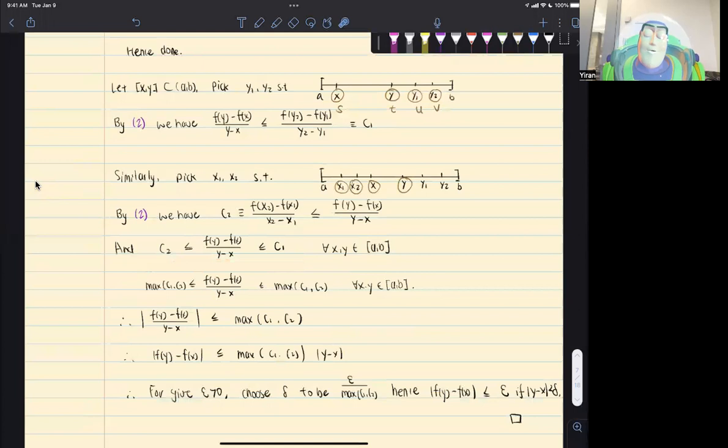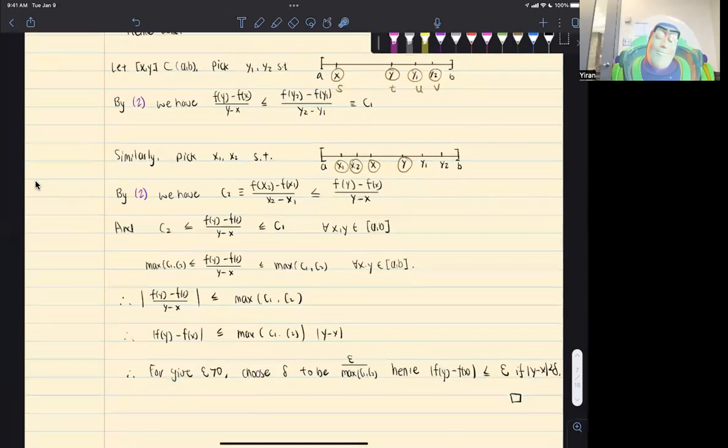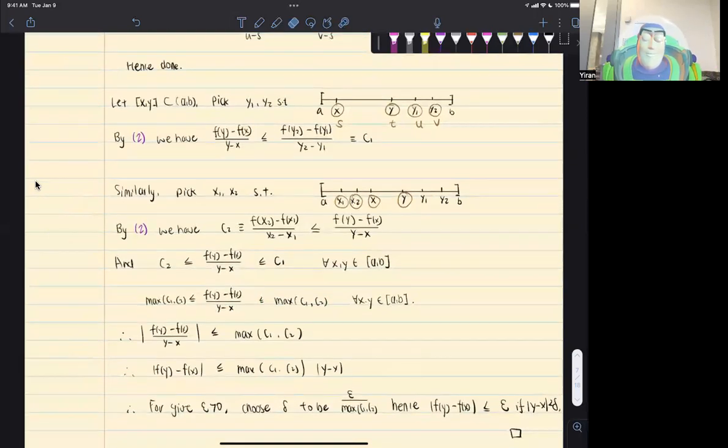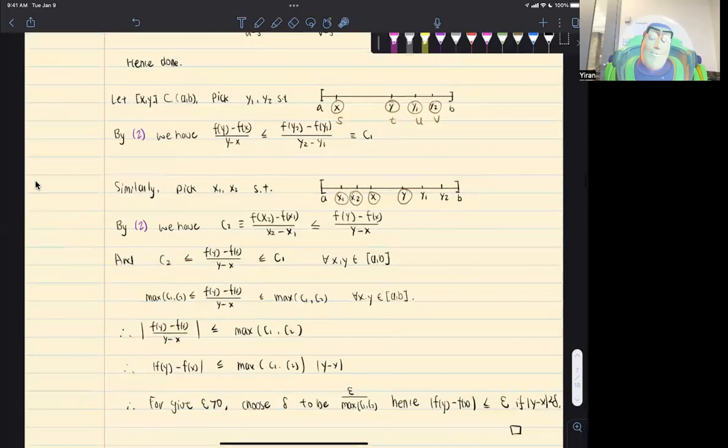And what are C1, C2? Okay, so sorry, this holds. Let me check if I'm writing the correct thing. If it's smaller than C1, then definitely smaller than the maximum of C1, C2.